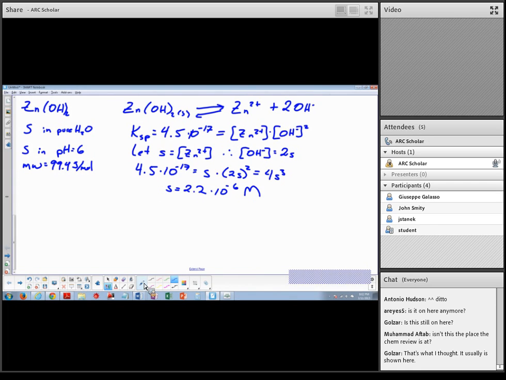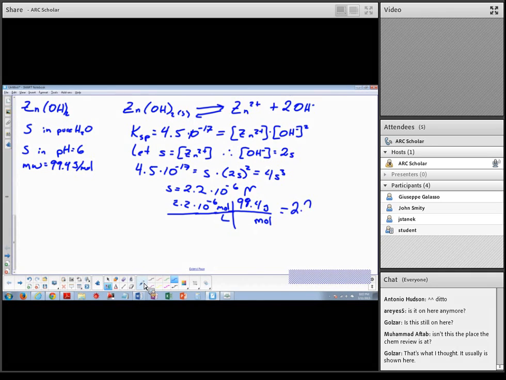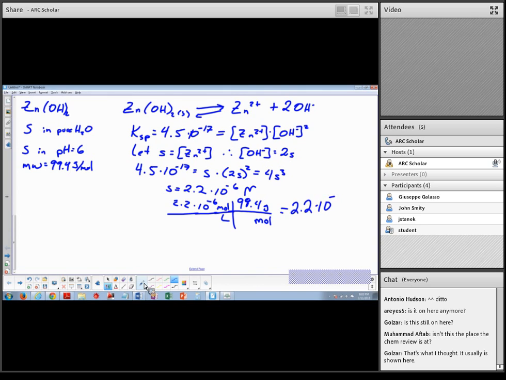Okay? So just plugging that in, 2.2 times 10 to the negative 6 moles per liter, and then taking that times 99.4 grams per mole, and we end up with 2.2 times 10 to the minus 4 grams per liter.